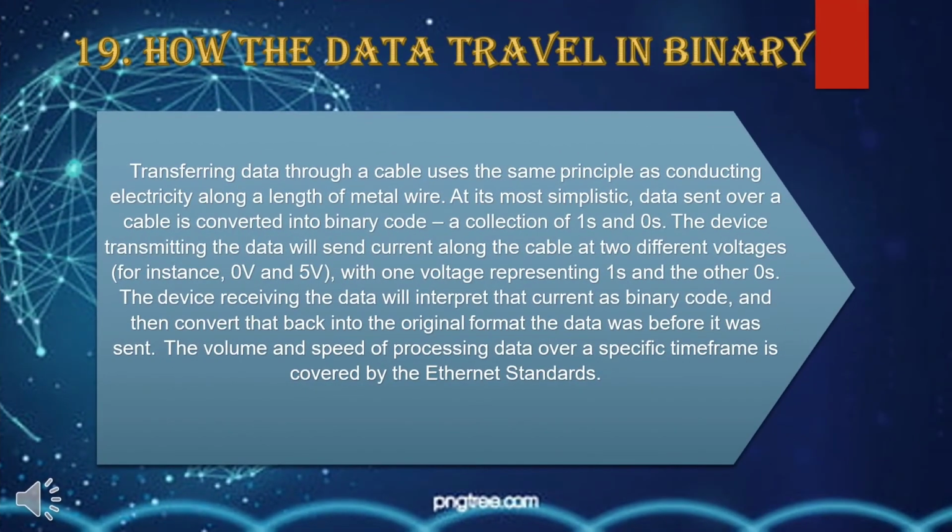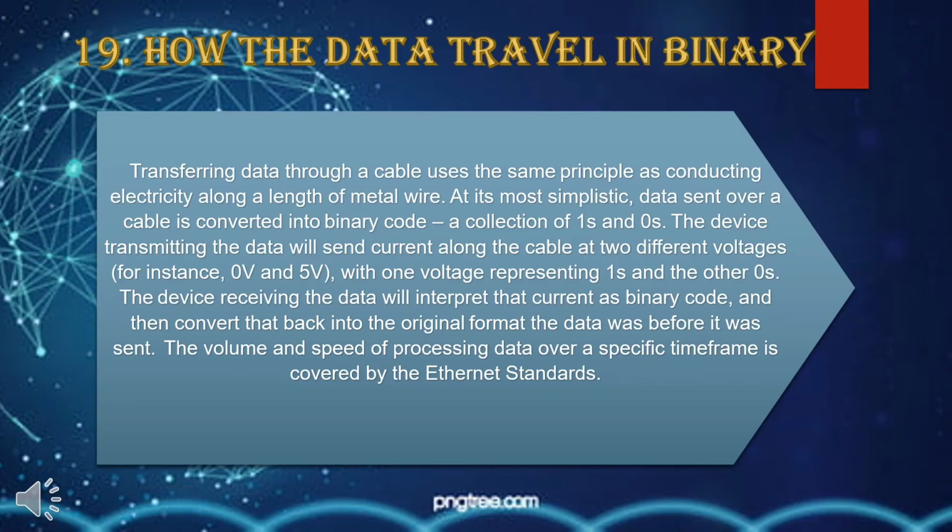Next point is how the data travels in binary. Transferring data through a cable uses the same principle as conducting electricity along a length of metal wire. At its most simplistic, data sent over a cable is converted into binary code, which is a collection of 1s and 0s.